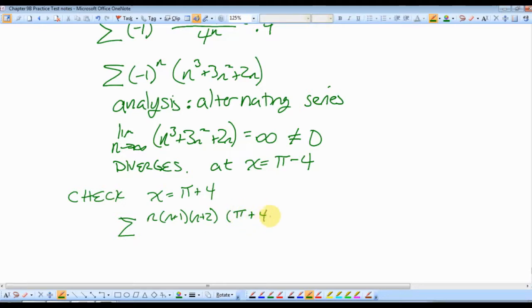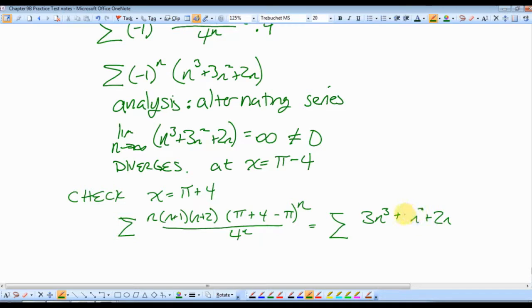Pi plus 4 minus pi to the n power, whole thing on top of 4 to the n. Yes. Which simplifies into 3n cubed plus 3n squared plus 2n. Sorry, 3n squared. And then just n cubed. Over 4 to the n times 4 to the n.